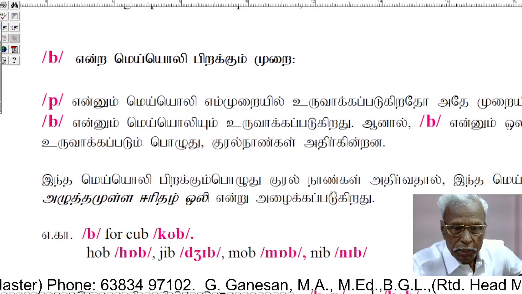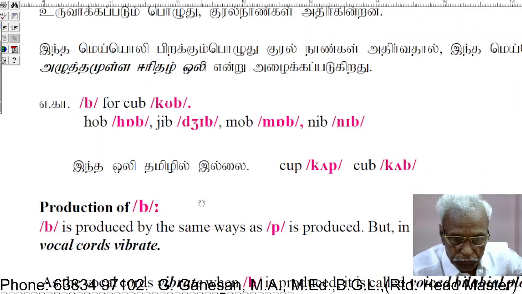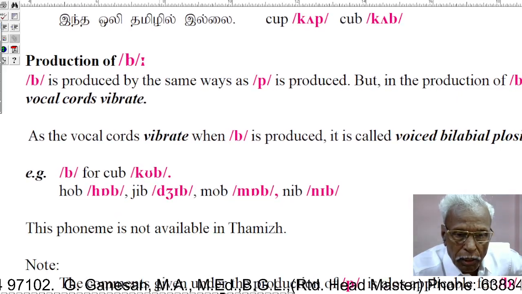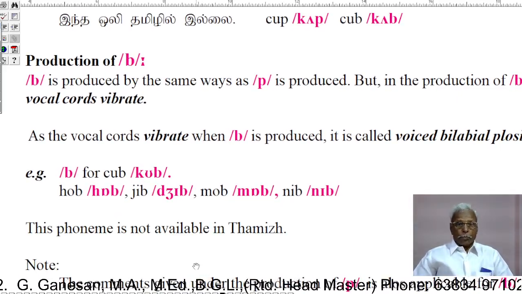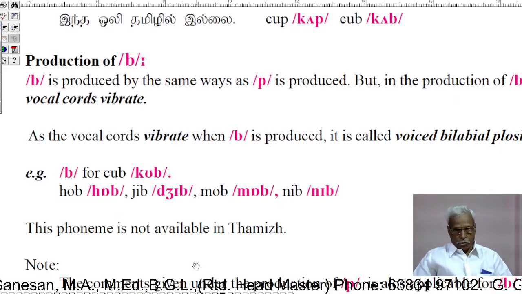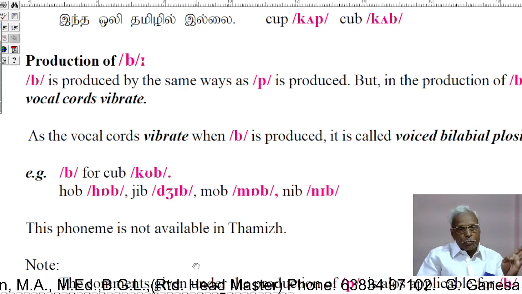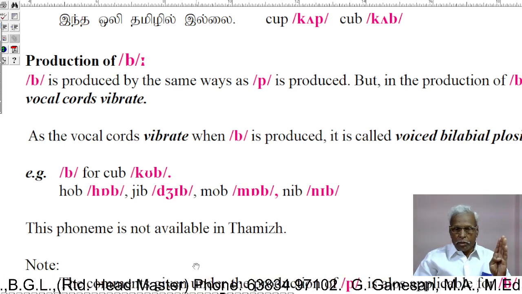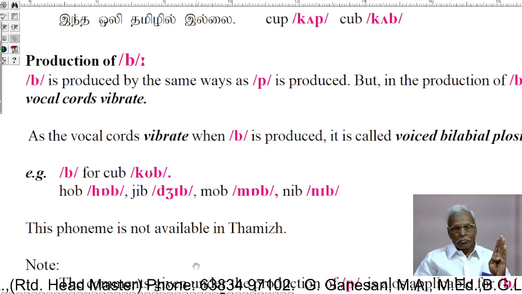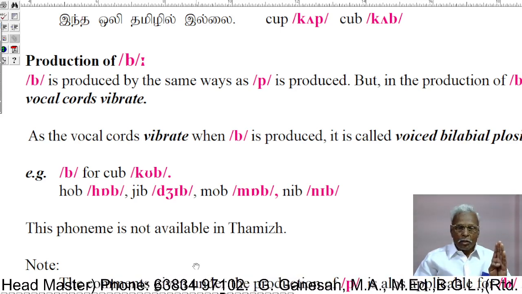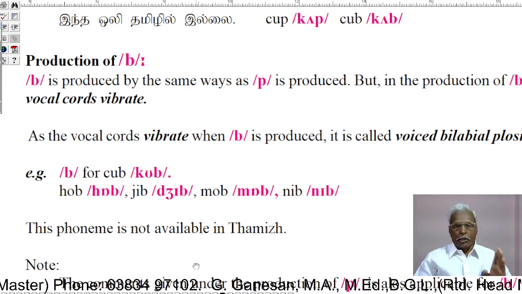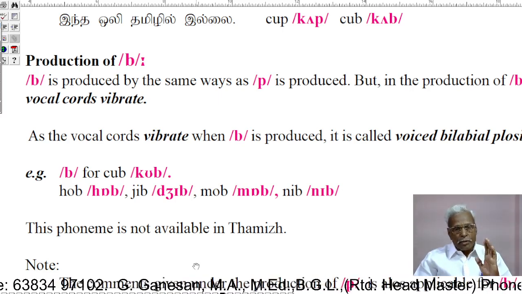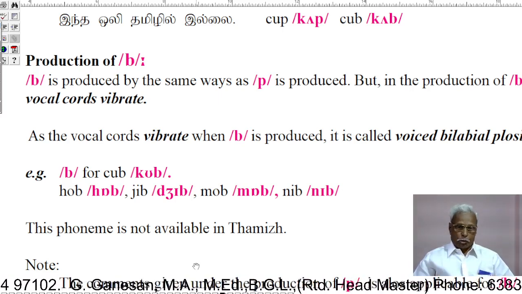Then let us see how the phoneme /b/ is produced. /b/ is the counterpart of the phoneme /p/. /p/ and /b/ are produced in the same way. /b/ is produced in the same way as /p/ is produced.